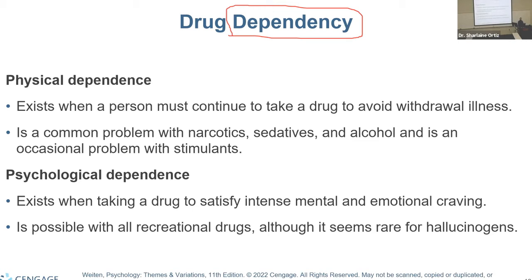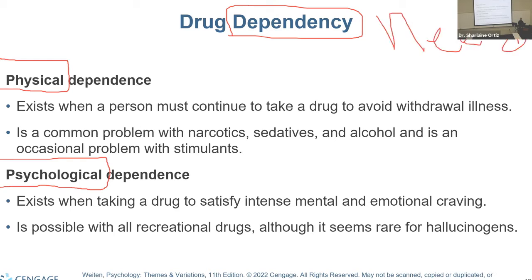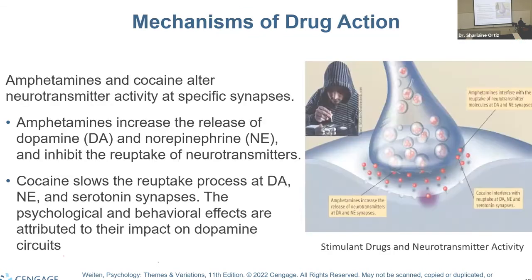But why is that? Well, because we have two specific characteristics for dependency. The first characteristic of dependency is physical dependency and psychological dependency. So notice that here we have a need, whereas when it comes to addiction in general, we have a want. This is very important because a lot of people do tend to confuse these terms.